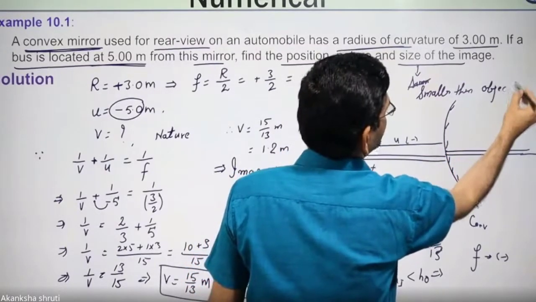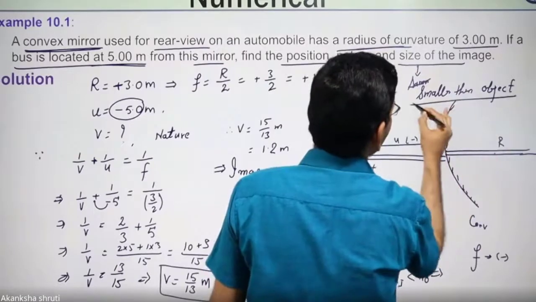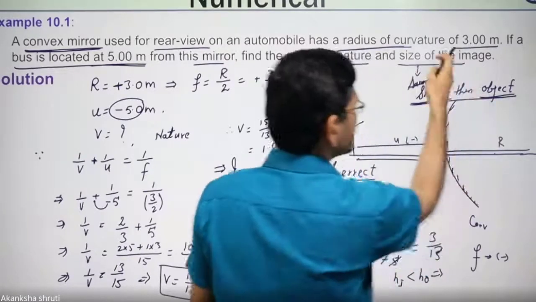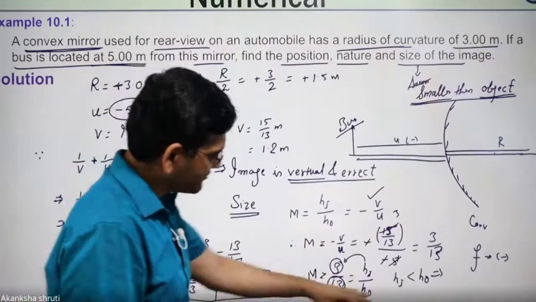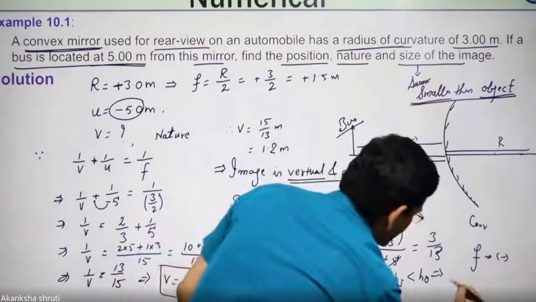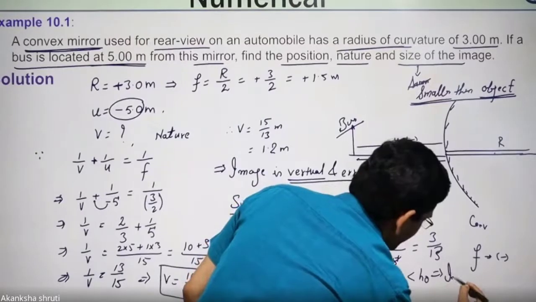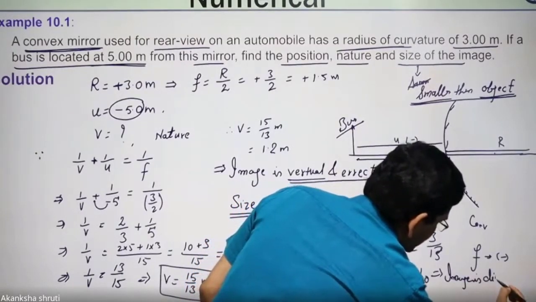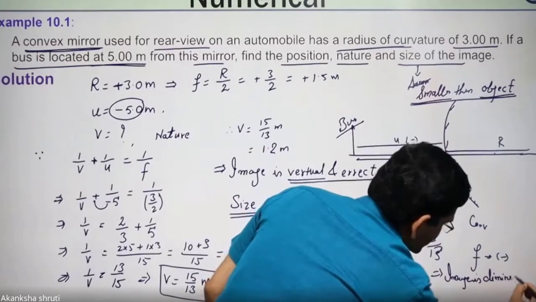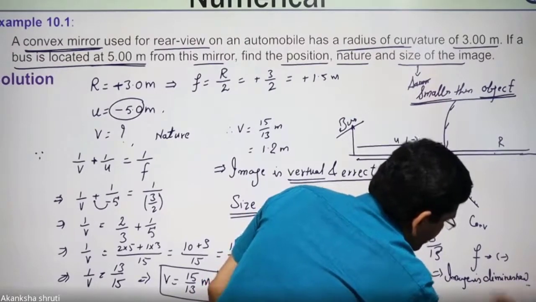This way you have to write. Because the exact size cannot be calculated, that's why we are giving the relative size. And we have concluded from this. So therefore, image is what? The standard term is diminished. So image is diminished.